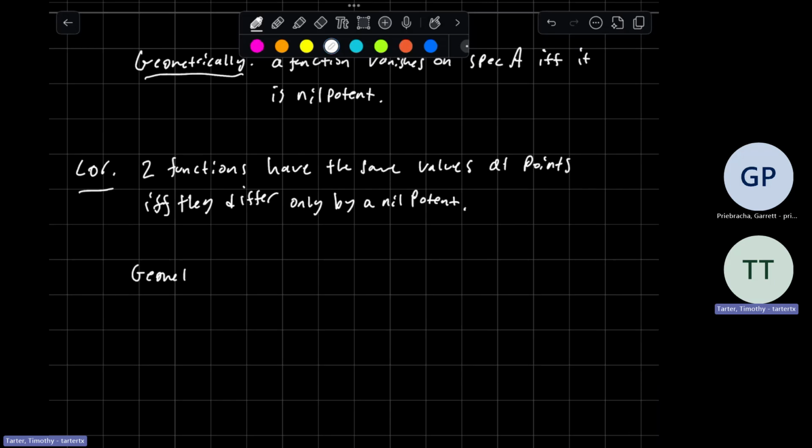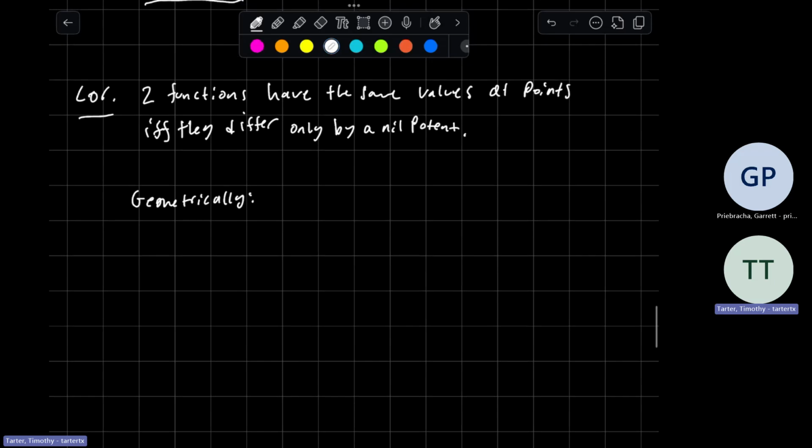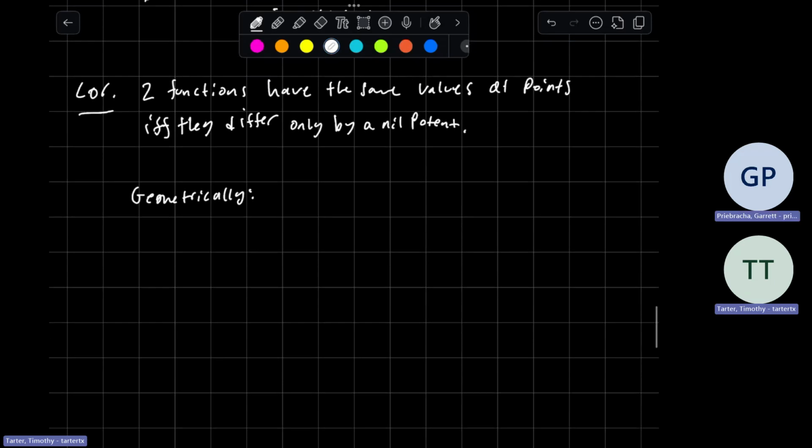Again, geometrically. I'm not going back up, sorry.